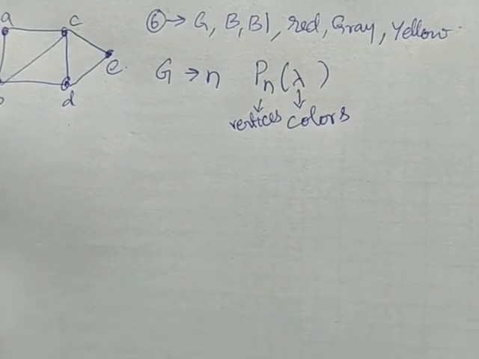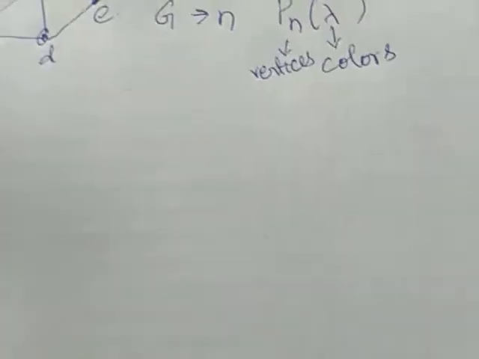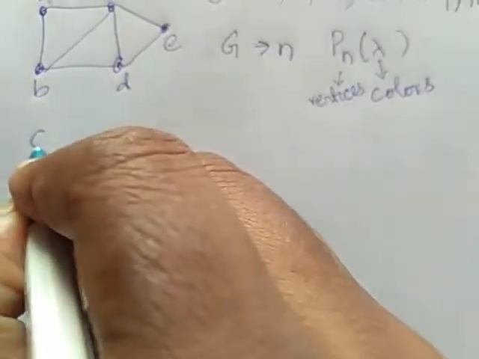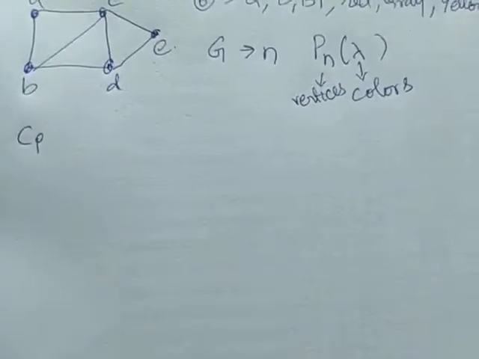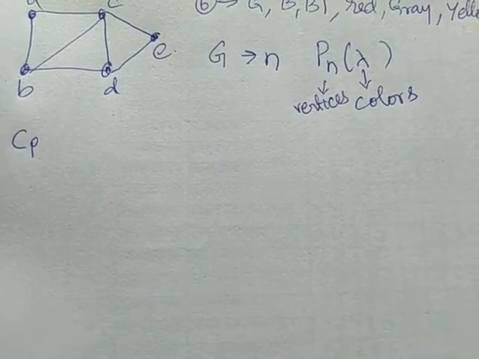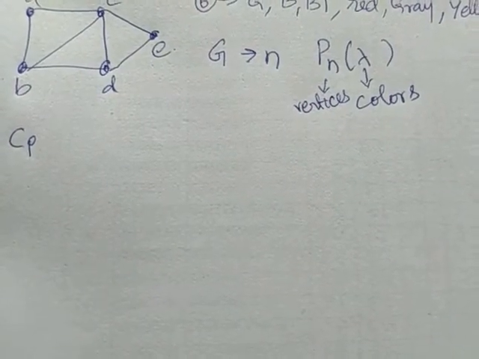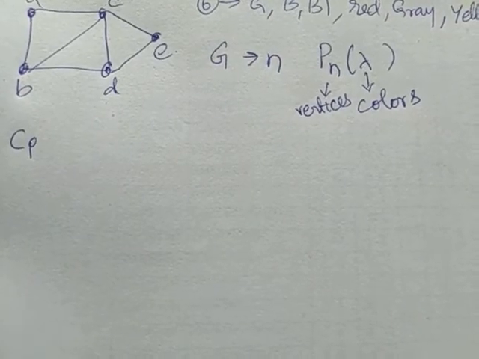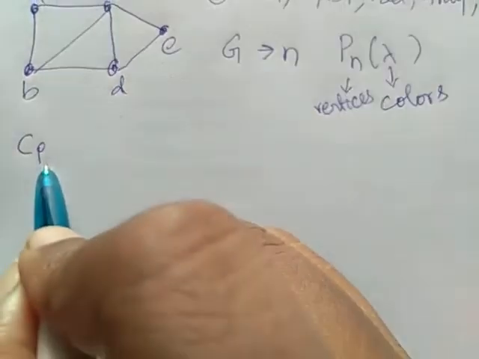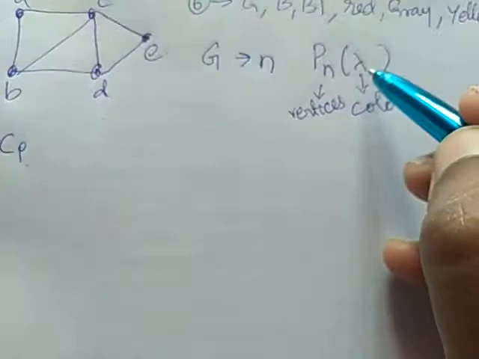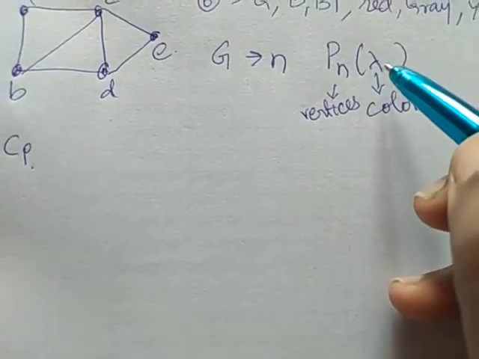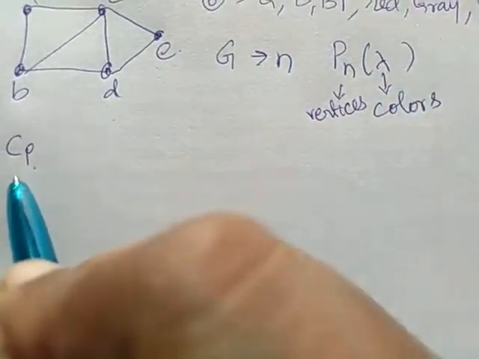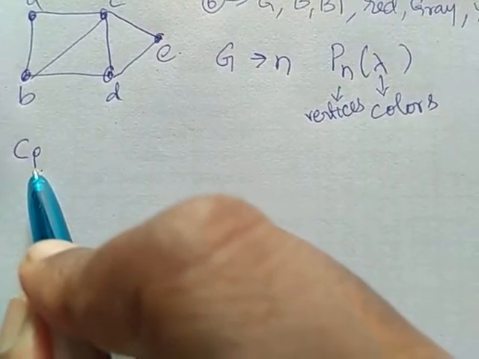Now consider Ci. What does Ci mean? Using Ci in different ways we can color a graph by exactly i number of colors. See, we are having lambda number of colors. Out of lambda number of colors, we are choosing i number of colors.